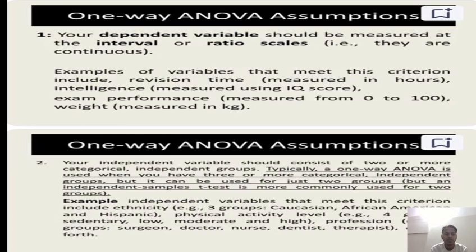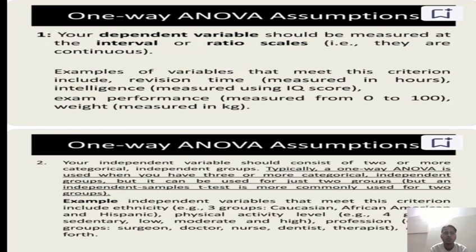Examples of independent variables that meet this criterion include ethnicity, for example three groups: Caucasian, African American, and Hispanic. Physical activity level, for example four groups: sedentary, low, moderate, and high. Profession, for example five groups: surgeon, doctor, nurse, dentist, therapist, and so forth.